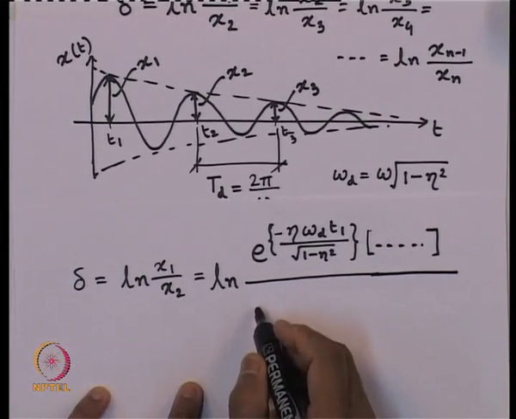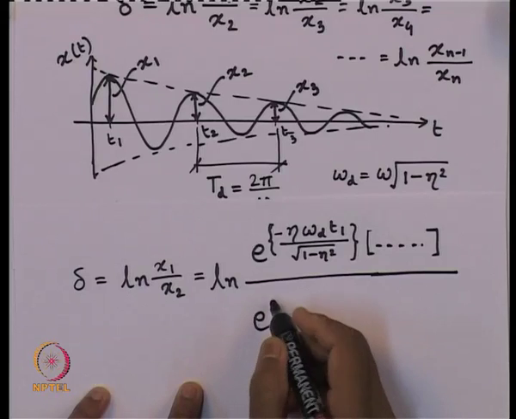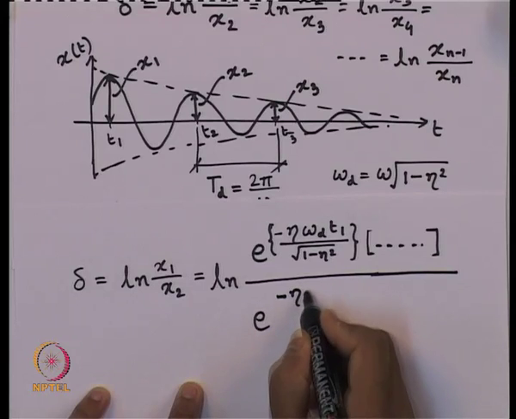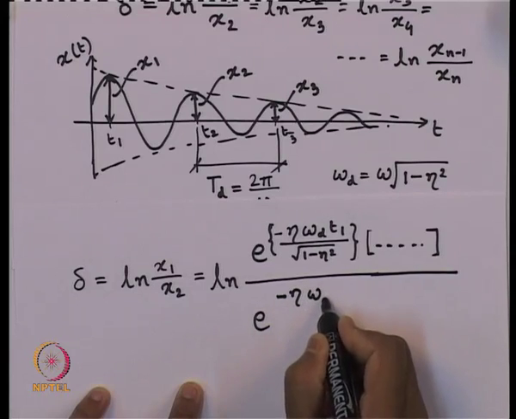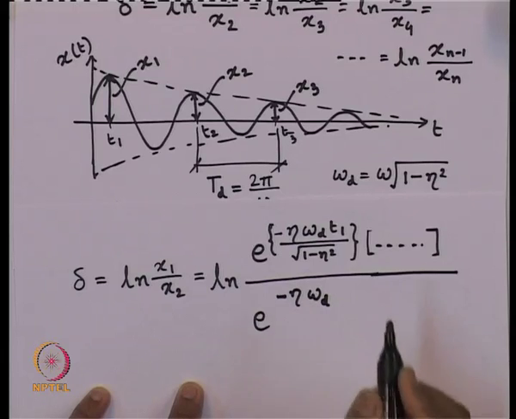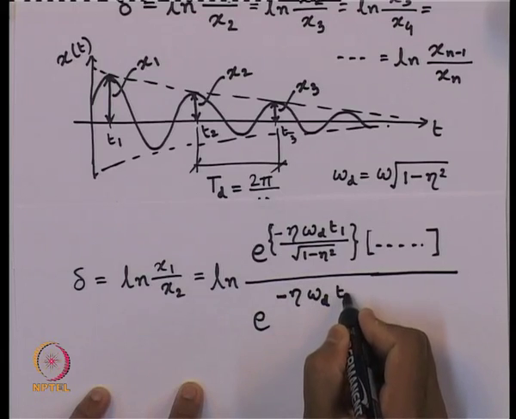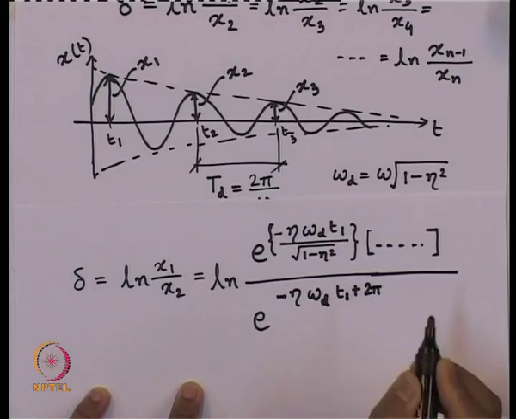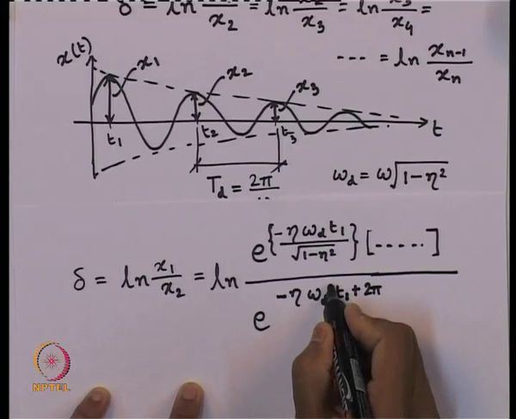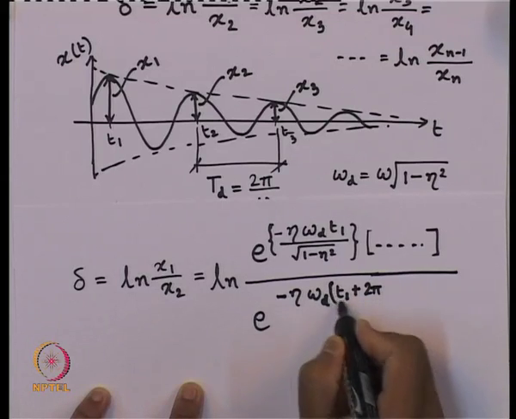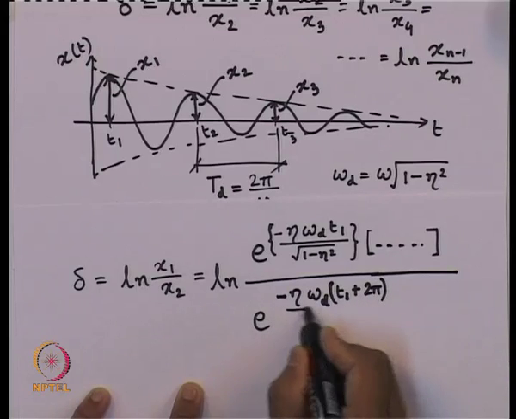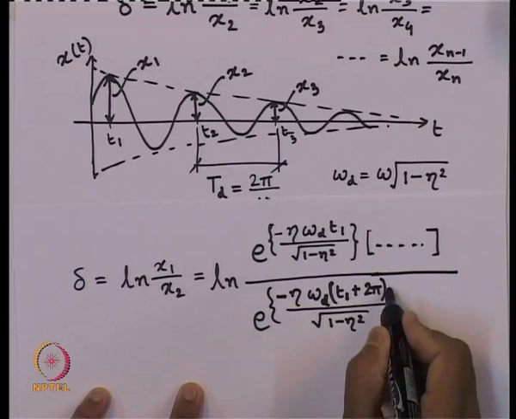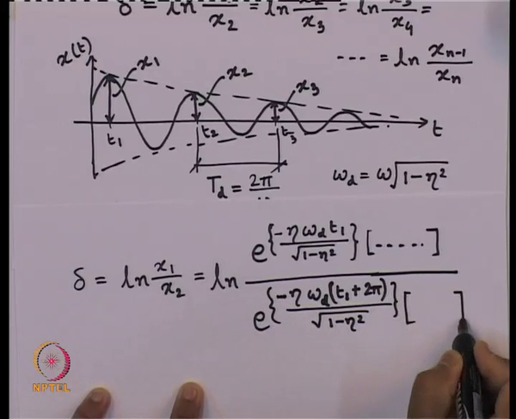For x2, it will be e to the power minus eta omega d, t1 plus 2 pi, by root over 1 minus eta square, times that harmonic function.